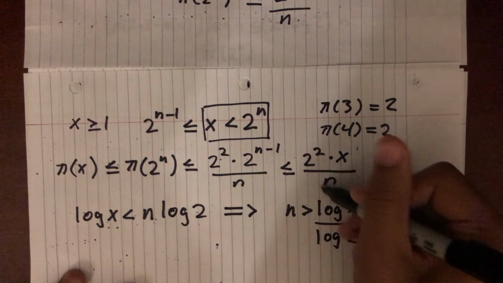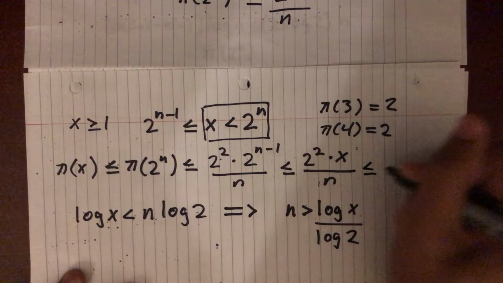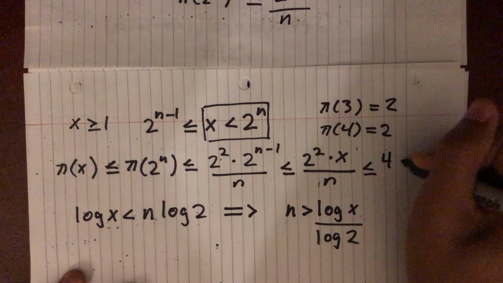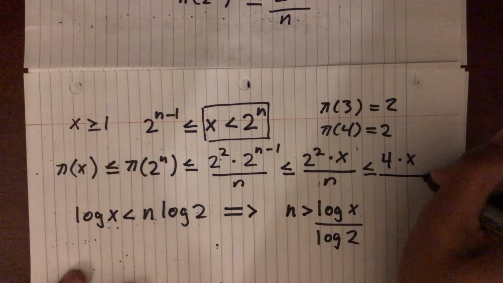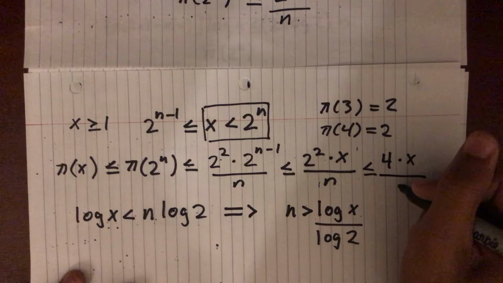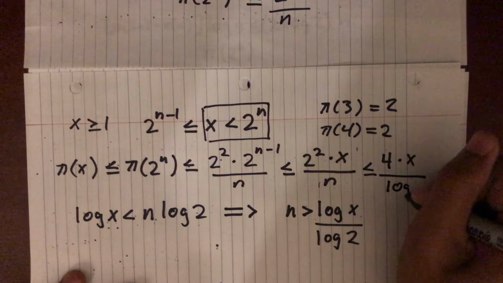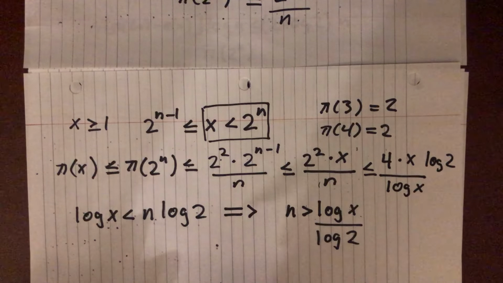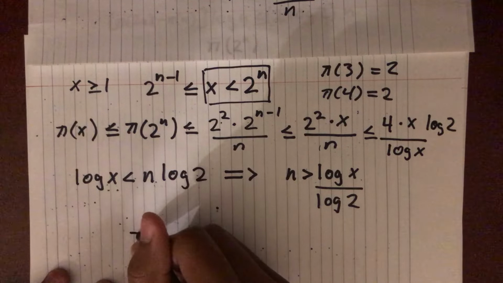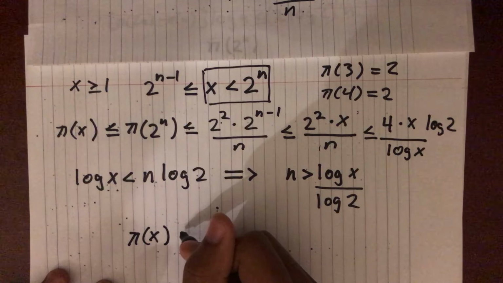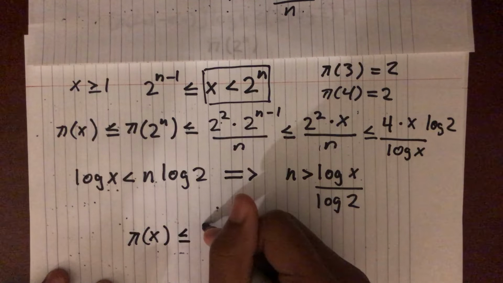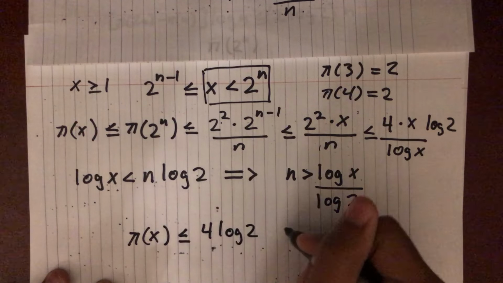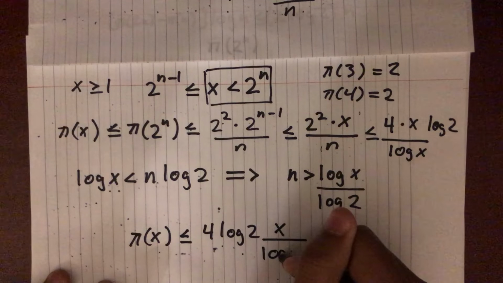If I replace the denominator of a fraction with something smaller, the whole thing is going to get bigger. So this is 4x over log x times log 2. So in total we get pi of x is less than or equal to 4 log 2 times x over log x.